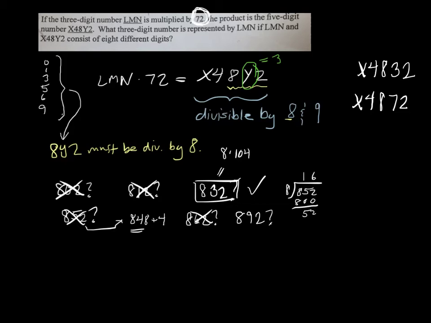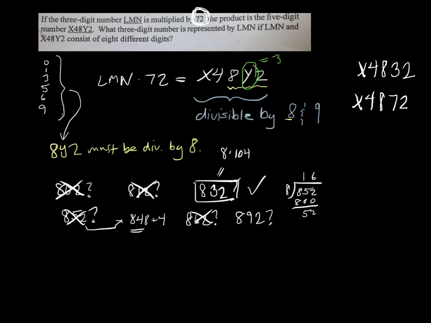Now the question is, how do we apply this? Thus far, we did the divisibility test for 8, and we've narrowed it down to 2 possibilities. Now we have to do the divisibility test for 9. What is the divisibility test for 9?